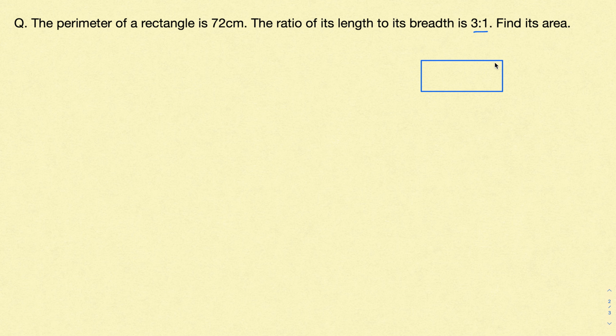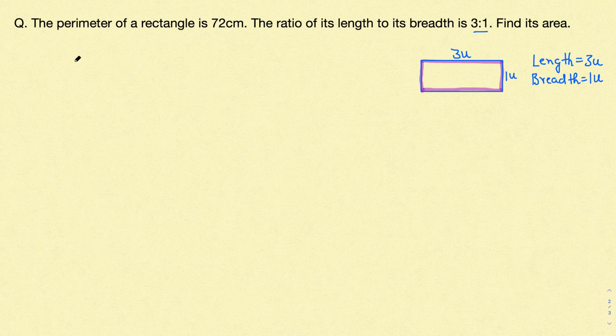In this case it's a rectangle, so the perimeter of a rectangle is the total length of both its lengths and its breadths. So let me highlight it. This is the length, breadth, again one more length, and this is the breadth. So the total length of all the sides is the perimeter. Okay, now let's find the total length of the rectangle in terms of units.